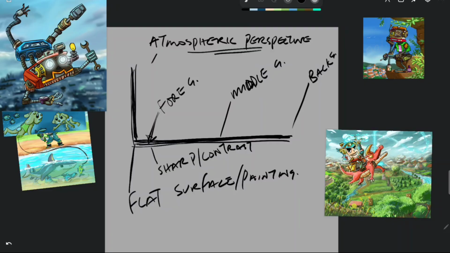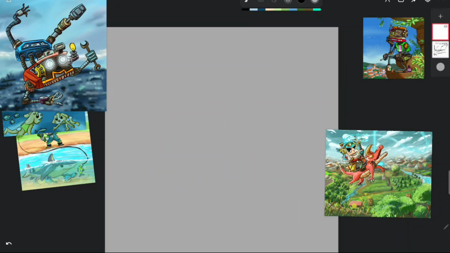Value, the effect of value changes with distance. So as things move backward to the background from the middle ground, we start losing value, we start losing sharpness, we start losing contrast, because things are falling backward.